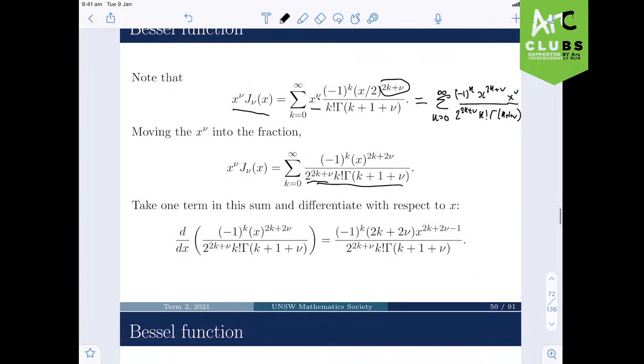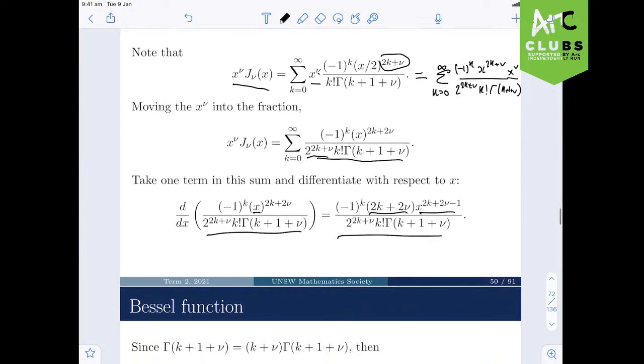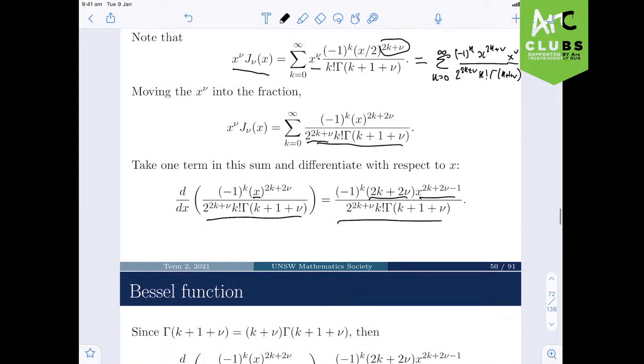And to differentiate this, we can differentiate term by term. So let's just take one term of this and differentiate it. Now this looks super scary and super tedious, but the only thing we're differentiating with respect to is x, and there's only one occurrence of x in here, and it's just the simple power rule. So that's fine. That's the derivative of each term.